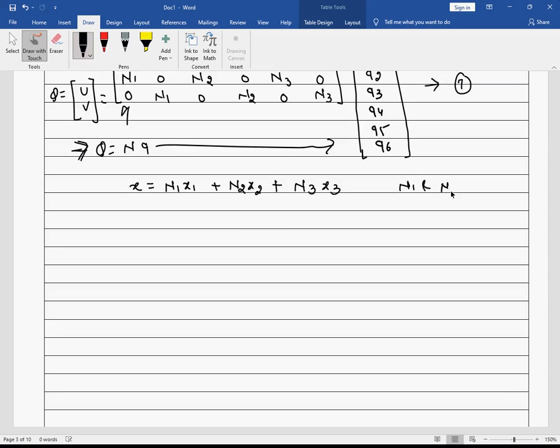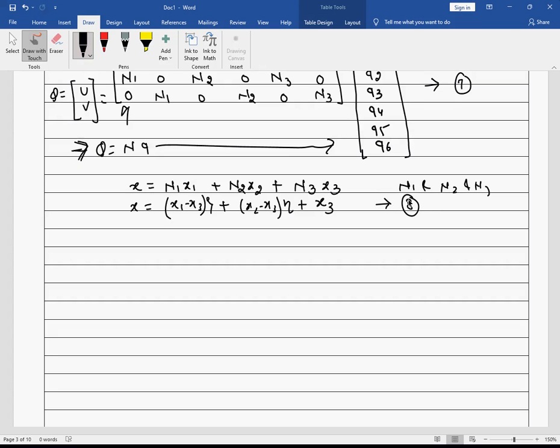Now I can put n1 and n2 and n3 in this equation, and I can write x equal to x1 minus x3 xi plus x2 minus x3 eta plus x3. So you can put these values of n1 and n2 and you can get this equation. So I can label this as 8.